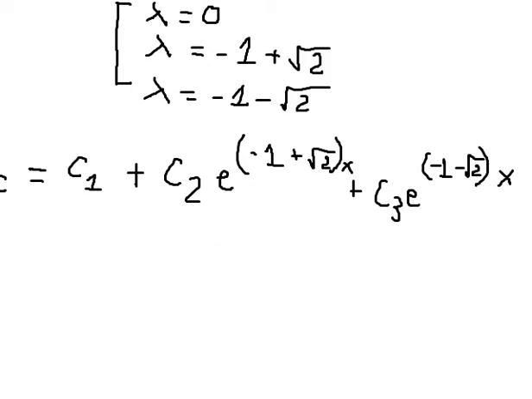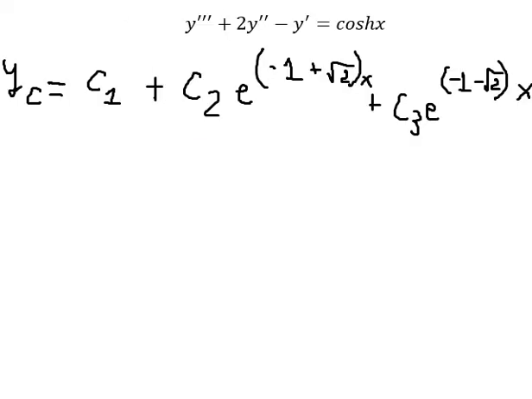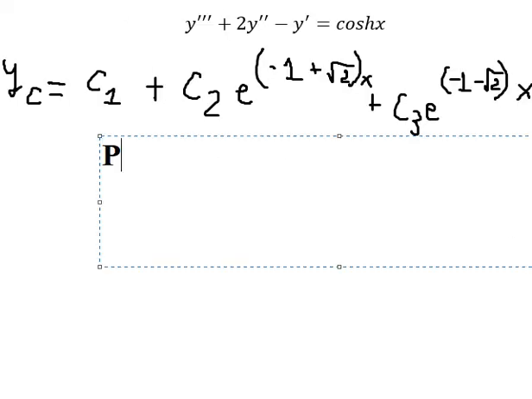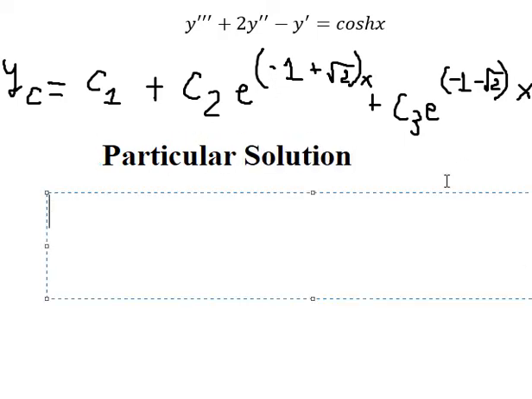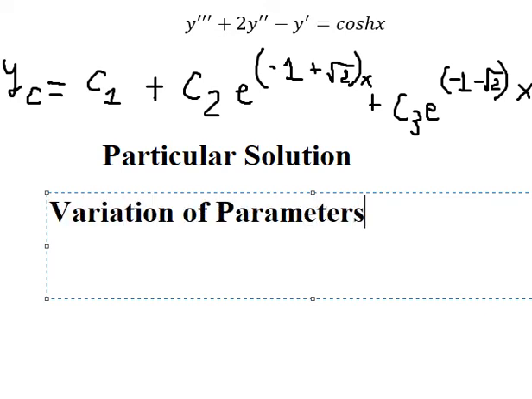Now let's go to the particular solution. For the particular solution, I need to use variation of parameters.